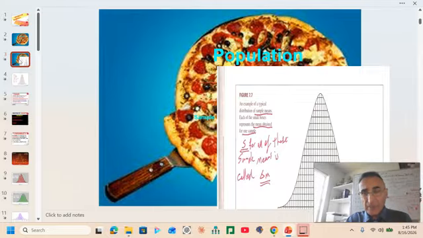Unlike the pizza, where once you took all the slices, the population is gone, it's not the same in statistics. In statistics, you can take unlimited samples and the population remains the same.